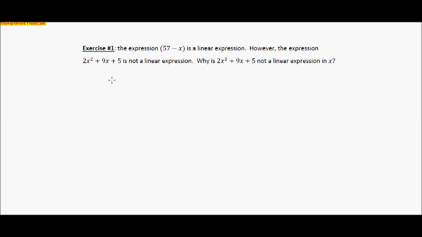So underneath this, I would simply write the second expression, or you could write it all out, 2x squared plus 9x plus 5. But I'm just going to say the second expression has a variable with an exponent other than 1.